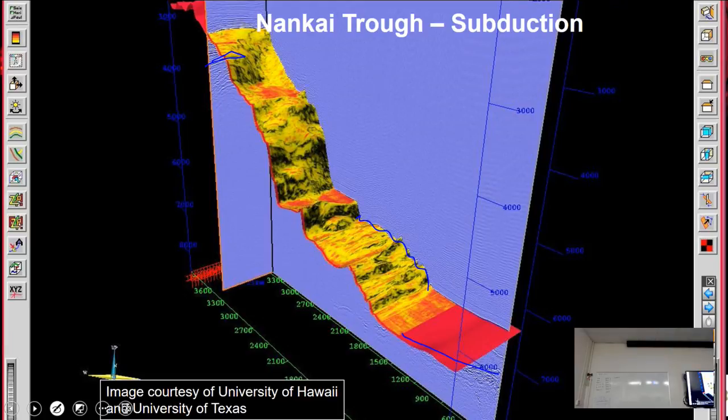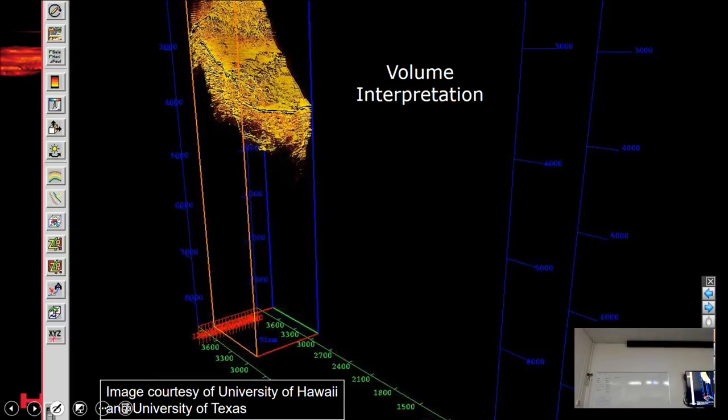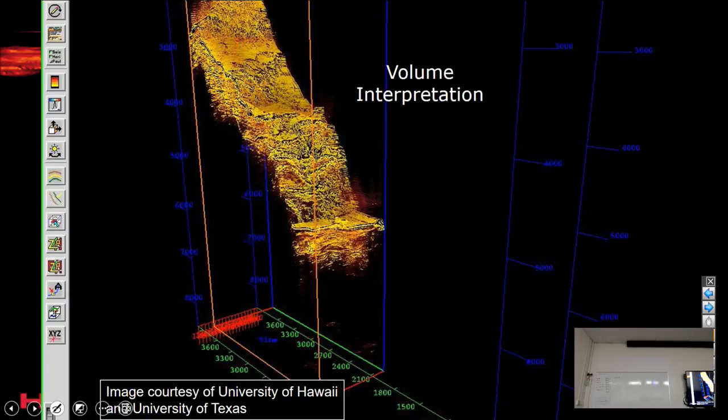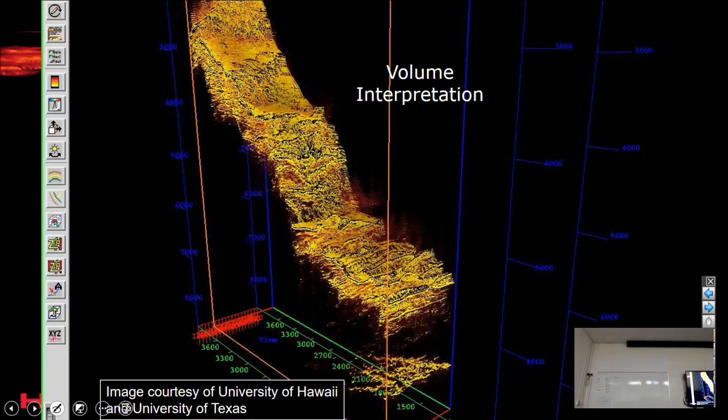We can actually map that seafloor. That's one way to look at it. Another way to look at it is as this volume render. A really cool way to see what's happening. And what's this right here? That's the subducting plate. That's the plate diving underneath.